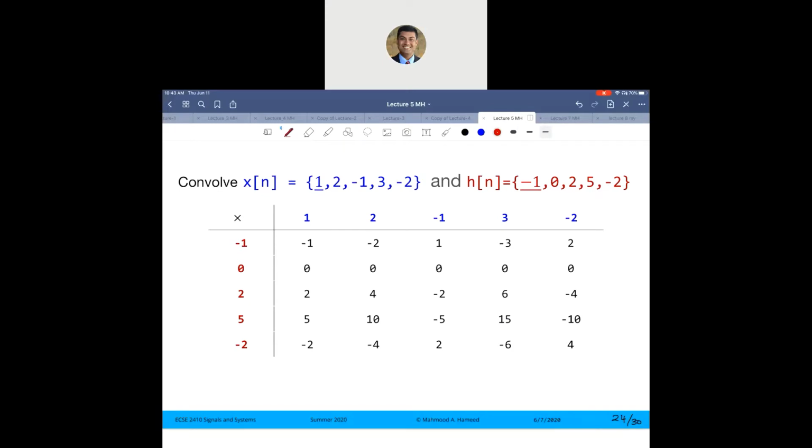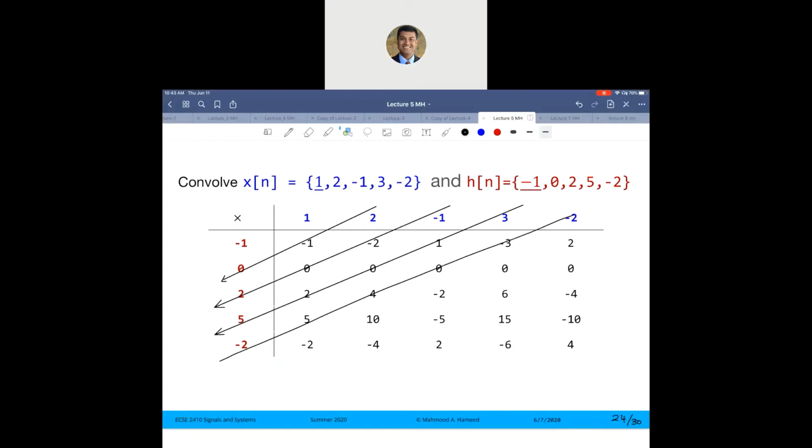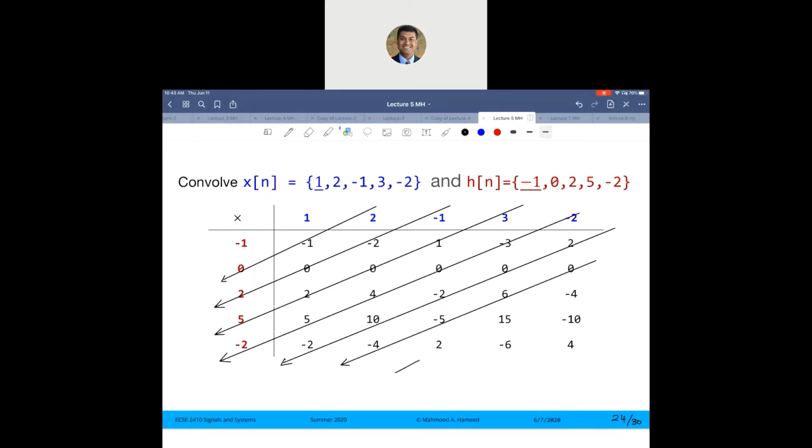Let me indicate the summation in black here. So I would do a summation this way, and a summation this way, a summation this way, a summation this way, and that. All of them are being summed up. So what do I get?